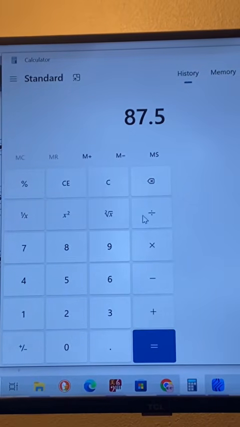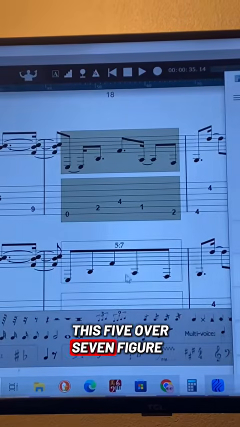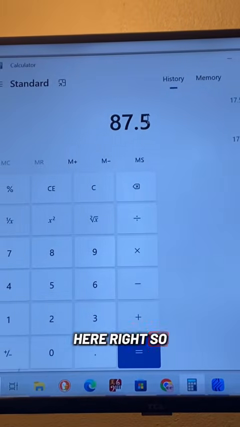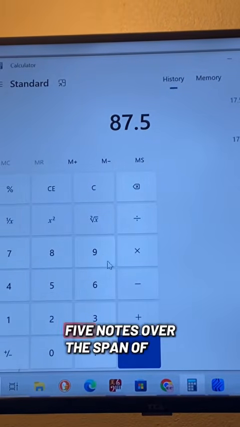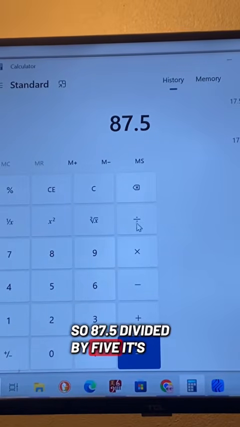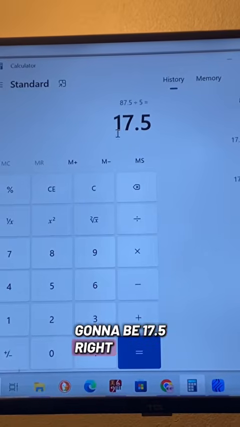So you've got 87.5%. And if you divide this by the 5/7 figure I've got going on over here, 5 notes over the span of 7, so 87.5 divided by 5 is going to be 17.5, right?